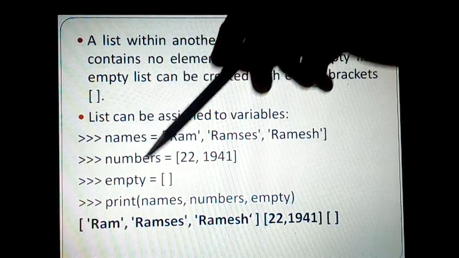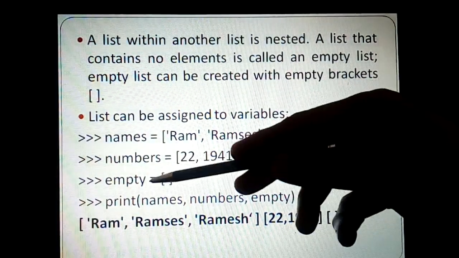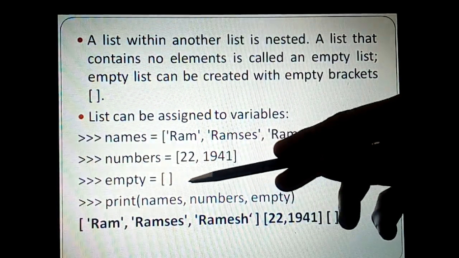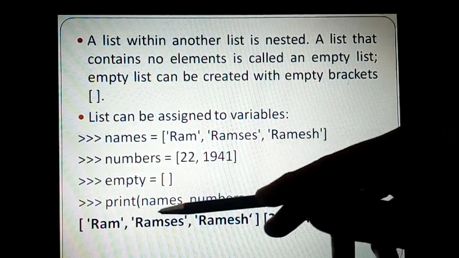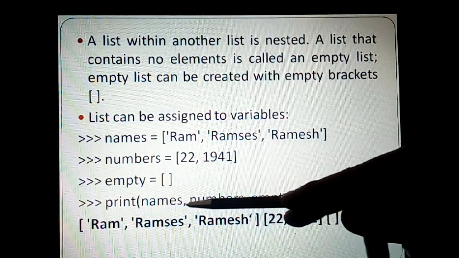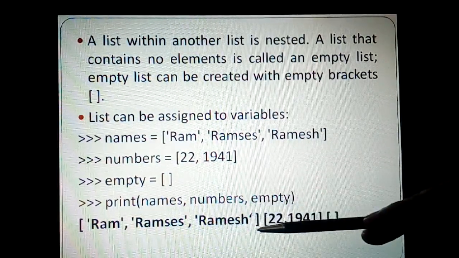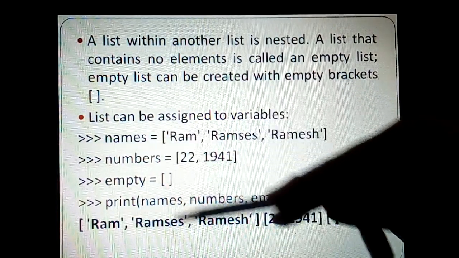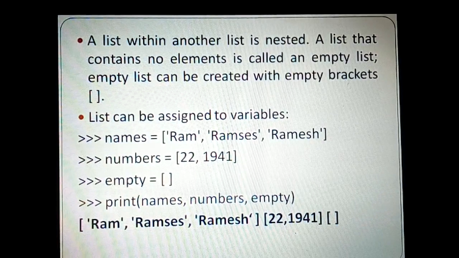Sometimes you want to initialize a variable to nothing or an empty list, you can make use of this syntax: empty equals to the square brackets with nothing in between, and you can print them subsequently: print names, comma, numbers, comma, empty. So you get this as the output, where all the 3 lists are printed, and of course the empty list is printed with nothing inside.